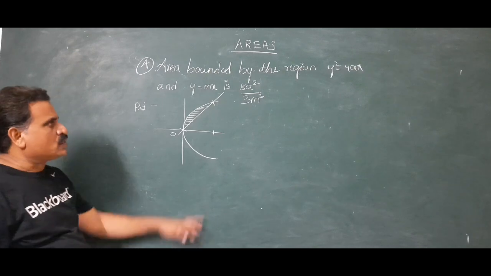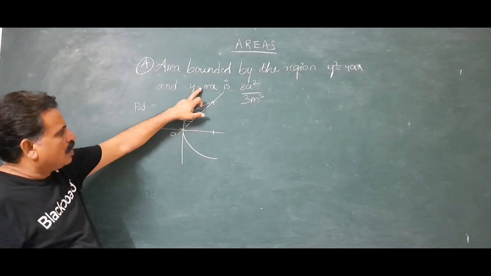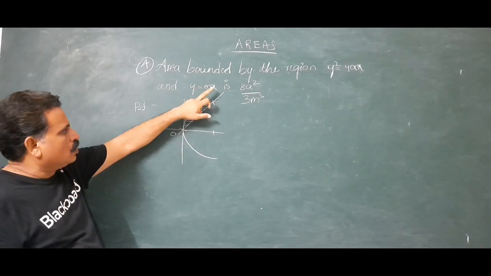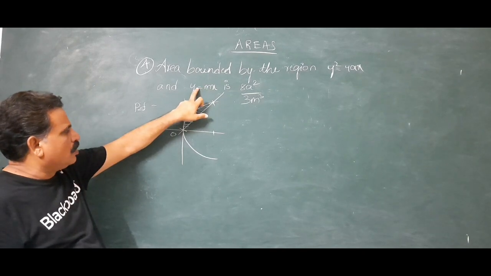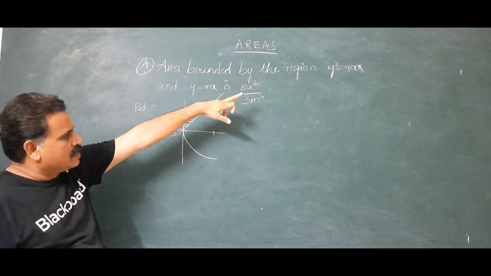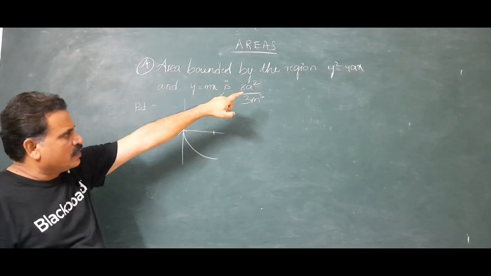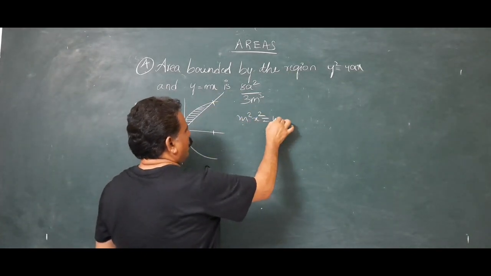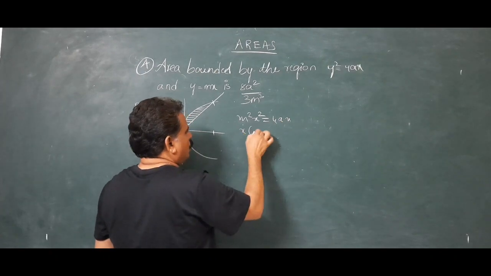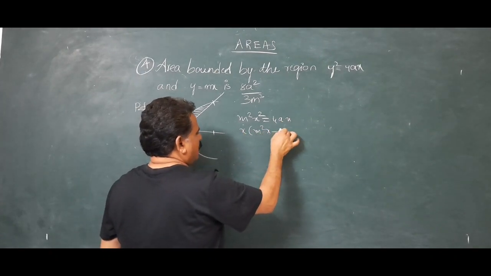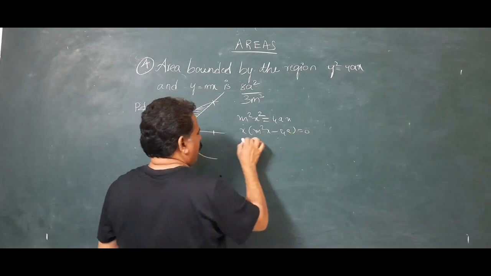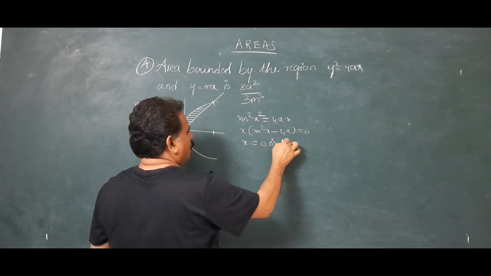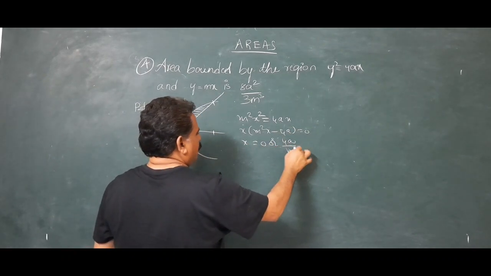We have to find the x-coordinates. If you substitute y = mx in the curve, m²x² = 4ax. That means x(m²x − 4a) = 0. Therefore x = 0 or x = 4a/m².